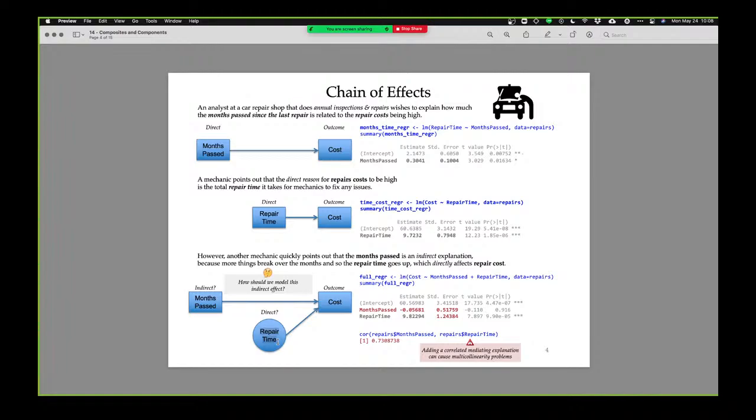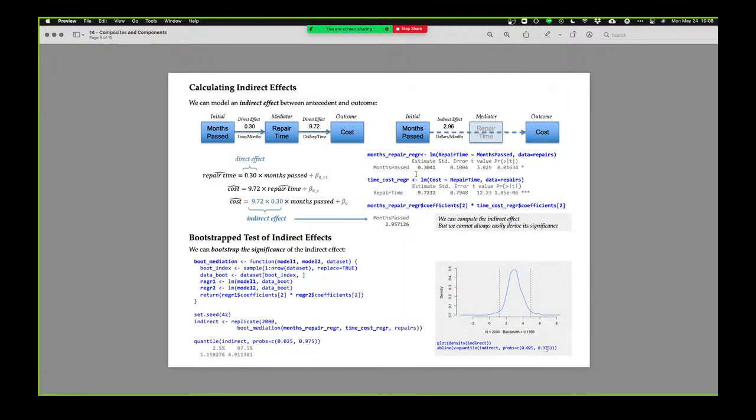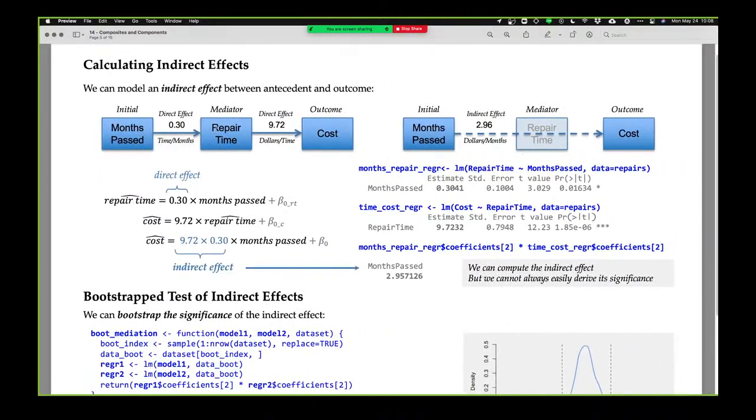So I'm going to show you a slightly different strategy of modeling this problem. It's going to be different in that we're going to model two regressions rather than one regression. One regression is going to be how the repair time is affected by the number of months that has passed.